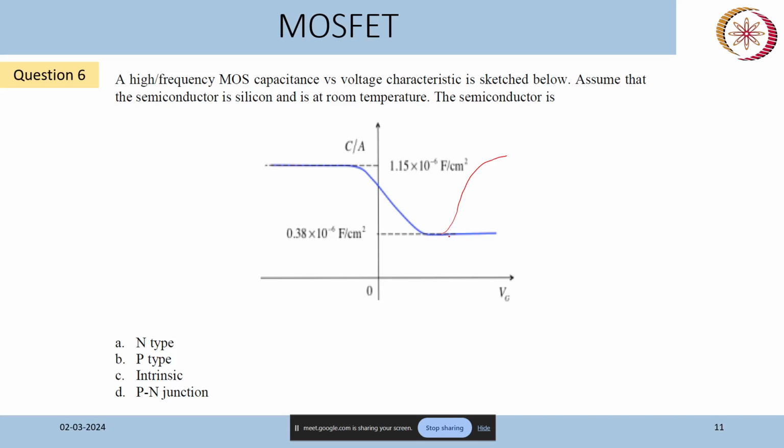Here the accumulation is happening, and this is COX. The accumulation is happening when the gate voltage is negative, and the inversion is happening when the gate voltage is sufficiently positive. So that means it is a p-type substrate.